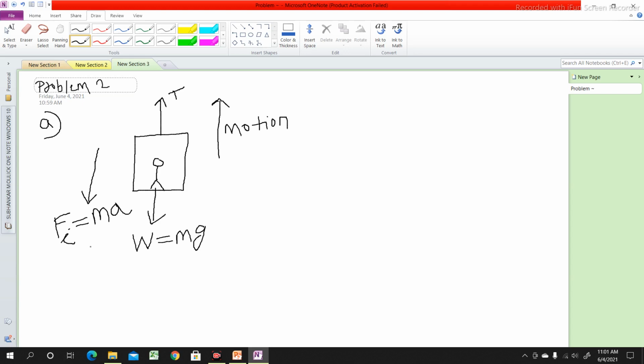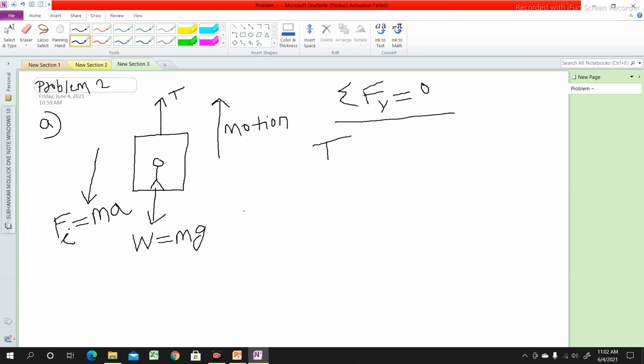Okay, so if I write down the force equilibrium equation for this lift, what will I write? I will write summation of Fy is equal to 0, because all the forces are acting along the y-axis only. Fine. So what will summation Fy equal to 0 be? It will be plus T, because tension T is acting in the positive y direction.